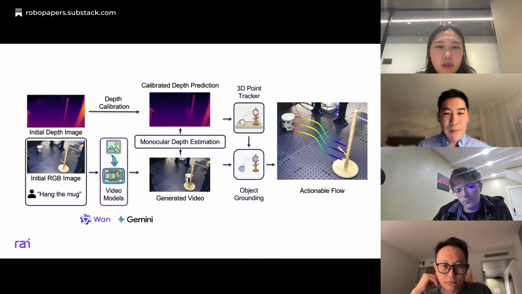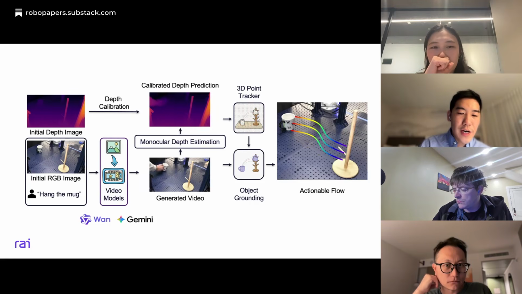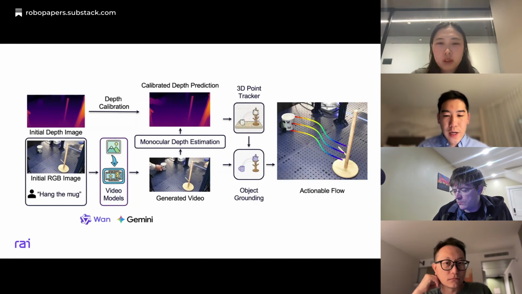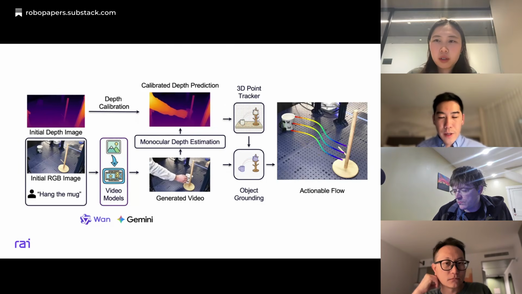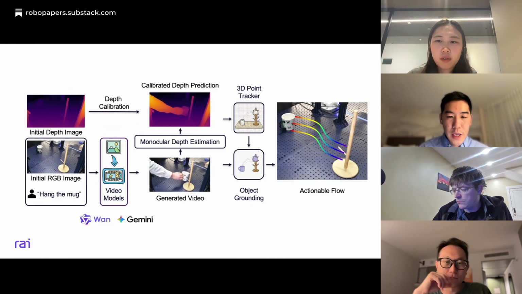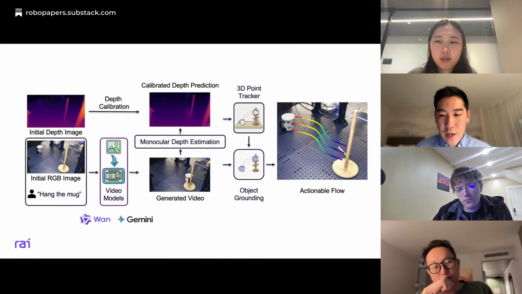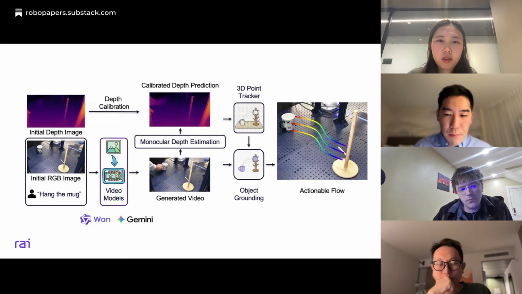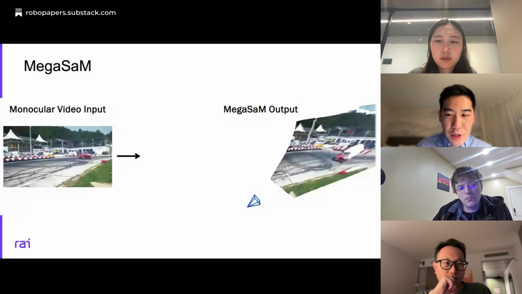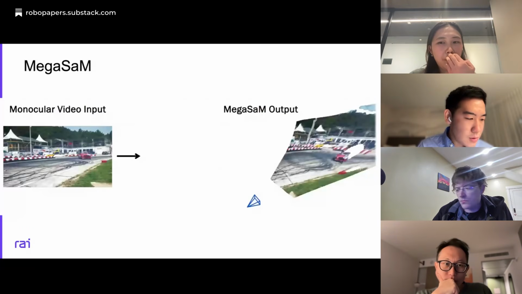So once we get the metric depth video, as well as the generated video, we can perform 3D point tracking as well as object grounding to obtain the 3D flow on our object, which is the mug here. And this is the process of getting what we call actionable flow. So here I want to show the detailed models we use in the pipeline.